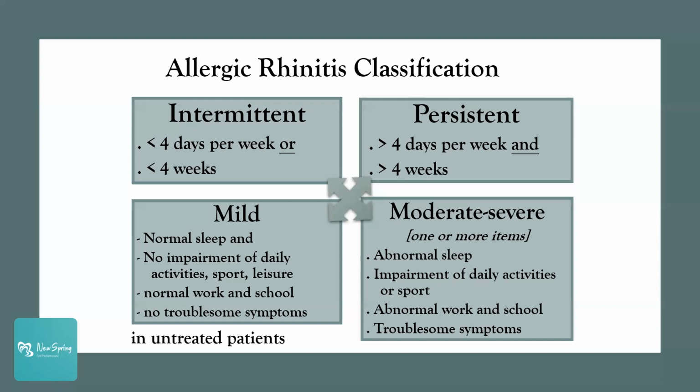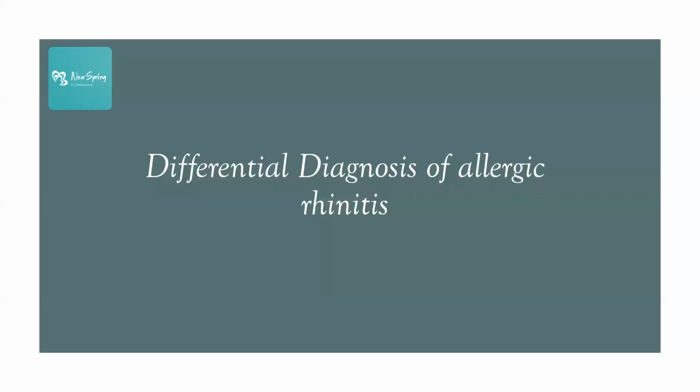If the patient has even one of these symptoms, this patient is considered moderate to severe. And again, we correlate it with whether it is intermittent or persistent. And this will aid us also in the management, which we will talk about in the next presentation.